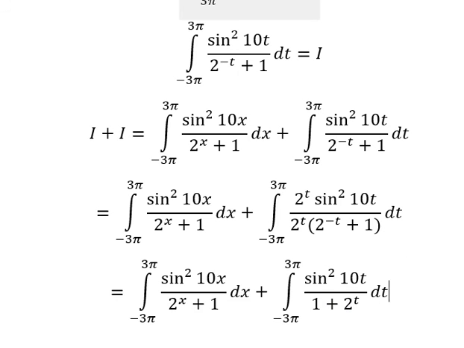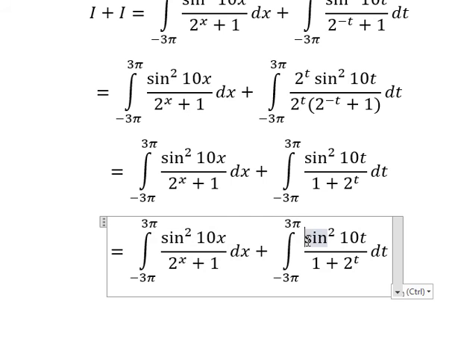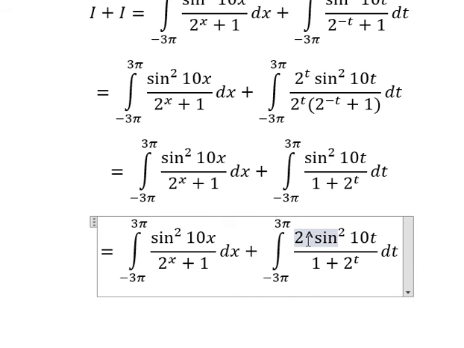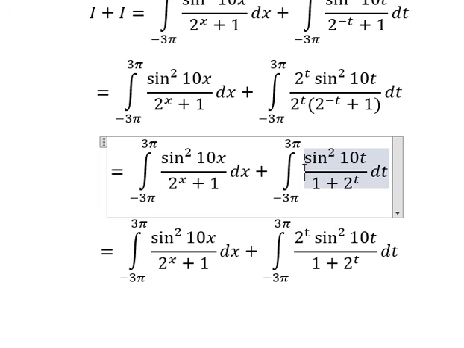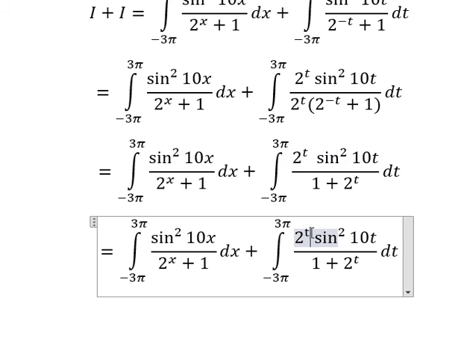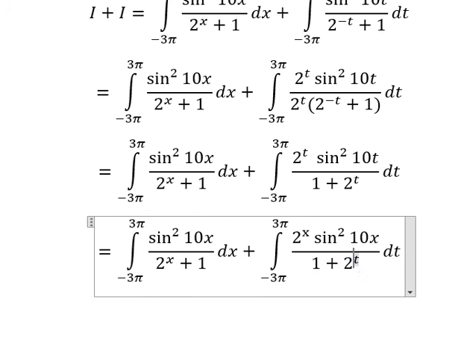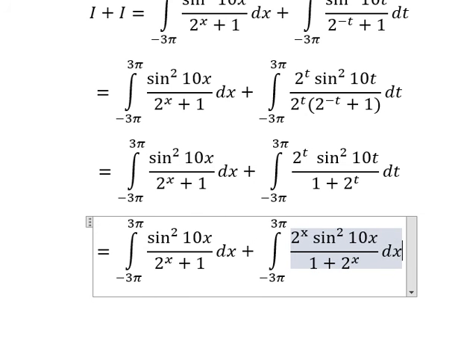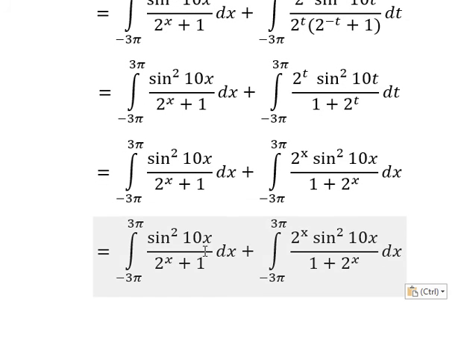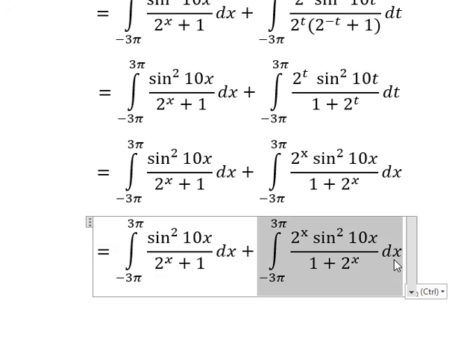Next, when we change this one back to t and s, they keep the same. Now we sum the two integrals together and we have it like this.